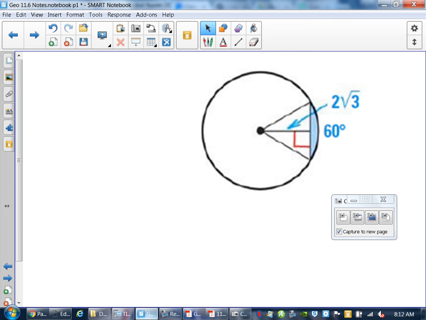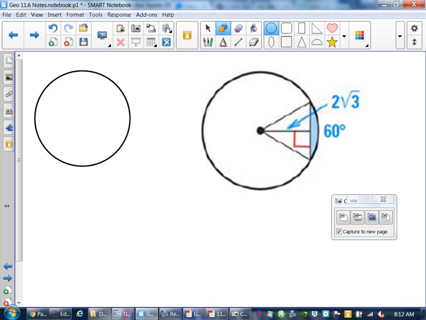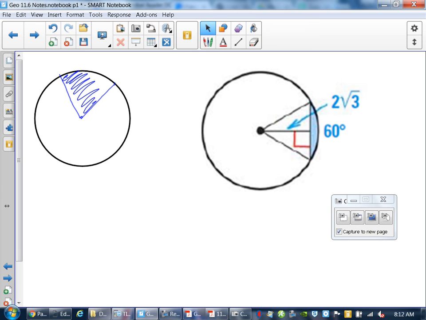Now, I know it's not the end of the world if you can't draw stuff. What I want you to think of is what exactly created the shaded area. The triangle, but more importantly, what is this?